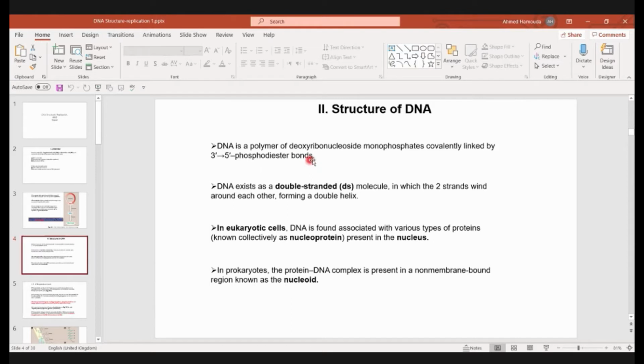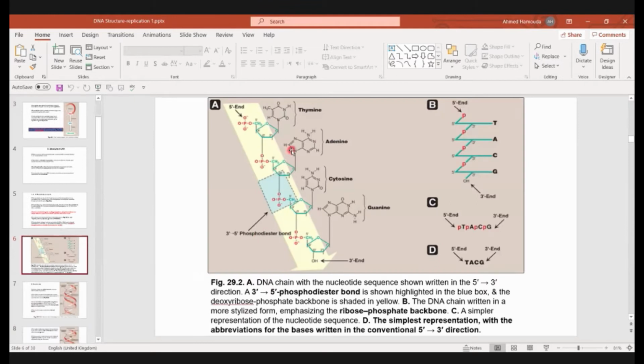So the DNA is a polymer of deoxyribonucleoside monophosphate, covalently linked. It means it's covalently linked by 3' 5' phosphodiester bonds. We've already mentioned this last time, but let's quickly show you the phosphodiester bond. The square that you can see here in blue is the 3', and we talked about why we call it 3' and 5' in the previous lecture.